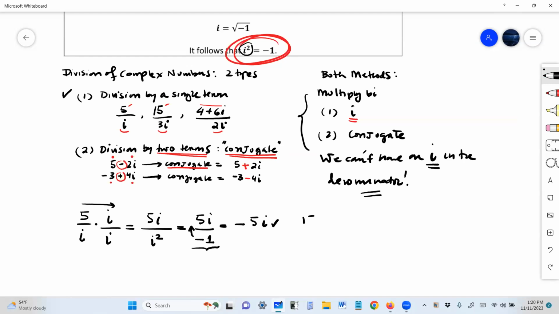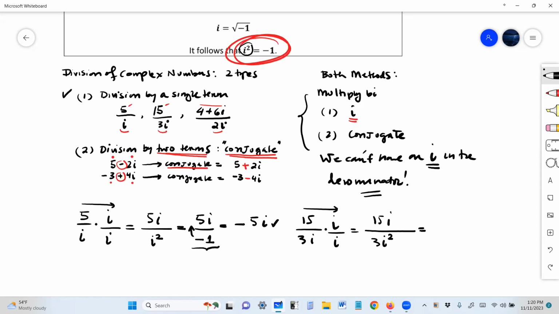Okay, so same thing with 15 divided by 3i. There's a single term here, so you're going to multiply by i over i. If you wanted to, you could multiply by 3i over 3i, but i over i is just easy. So numerator 15i, denominator 3i square.